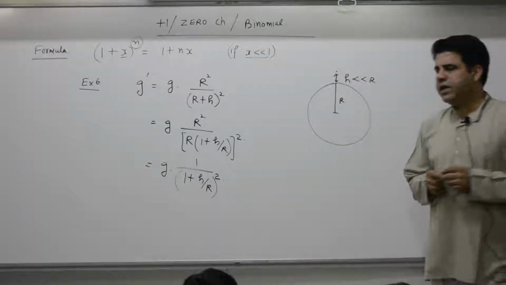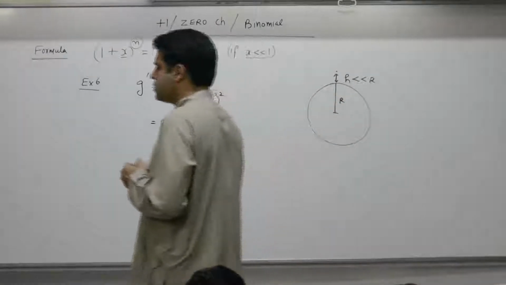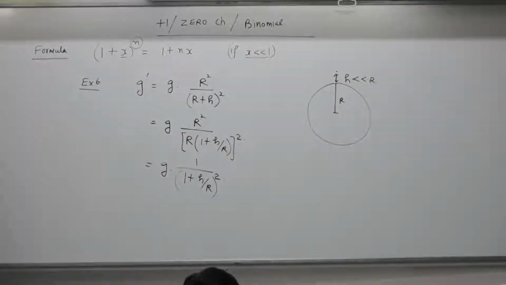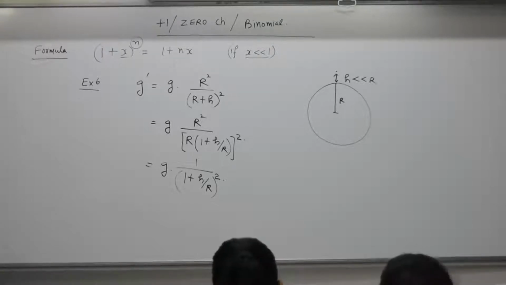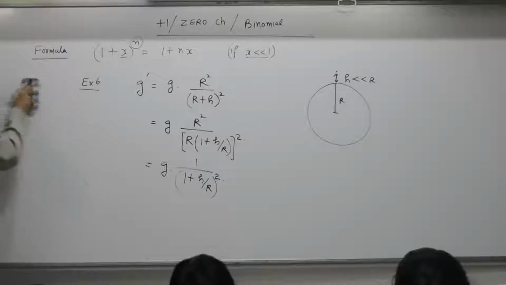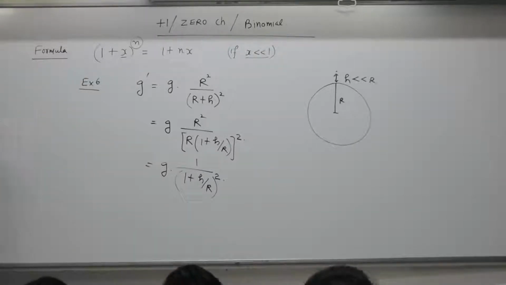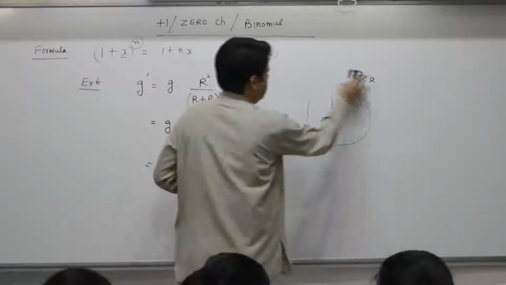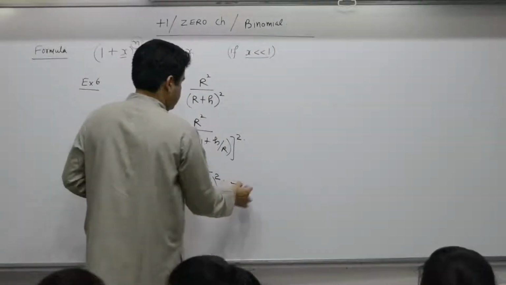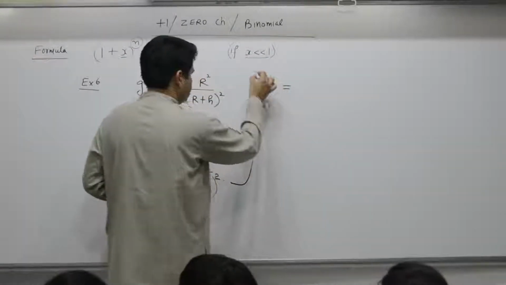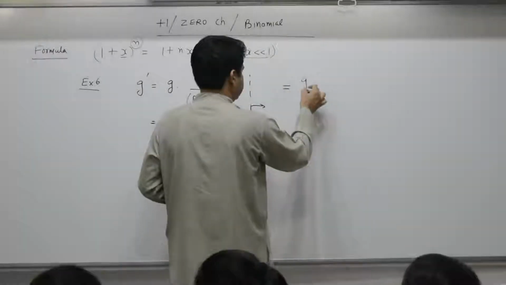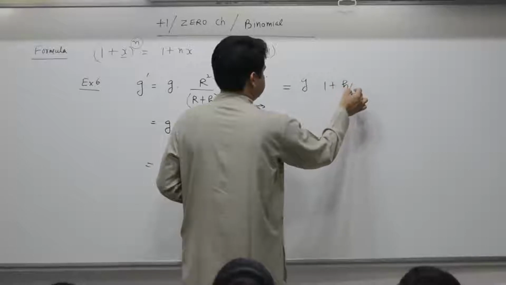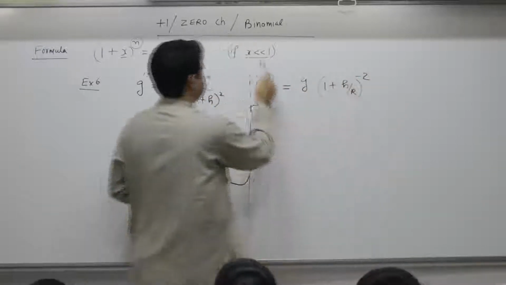This is equal to g into 1 plus h by R power minus 2. Confirm this whether it is true or not.